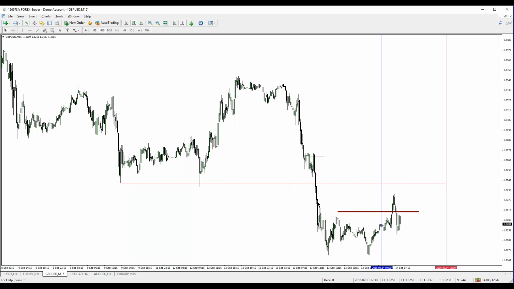Small little void in here. Would have been nice to see it come up here before the numbers, but it could send it through there one more time, hit this level, maybe even expand as far as the bearish order block in here. It doesn't have to do that, and preferably it wouldn't.